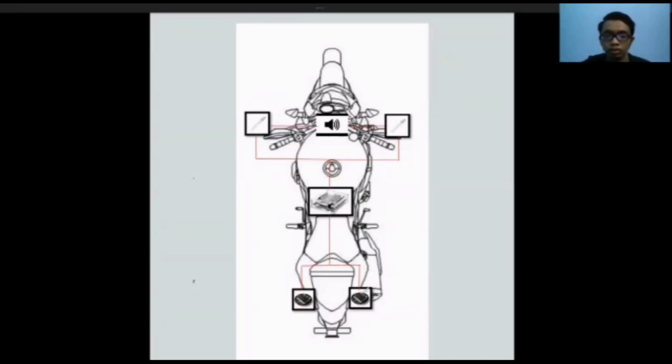The angle that we use for both sensors in the system is 70 degrees. Why do we use 70 degrees? Why didn't we use greater than 90 degrees? It is because if we use greater than 90 degrees, the system will not be effective, because the system will sense any vehicle approaching from the front of the motorcycle, so it would give a communication from the sensor to the rider.